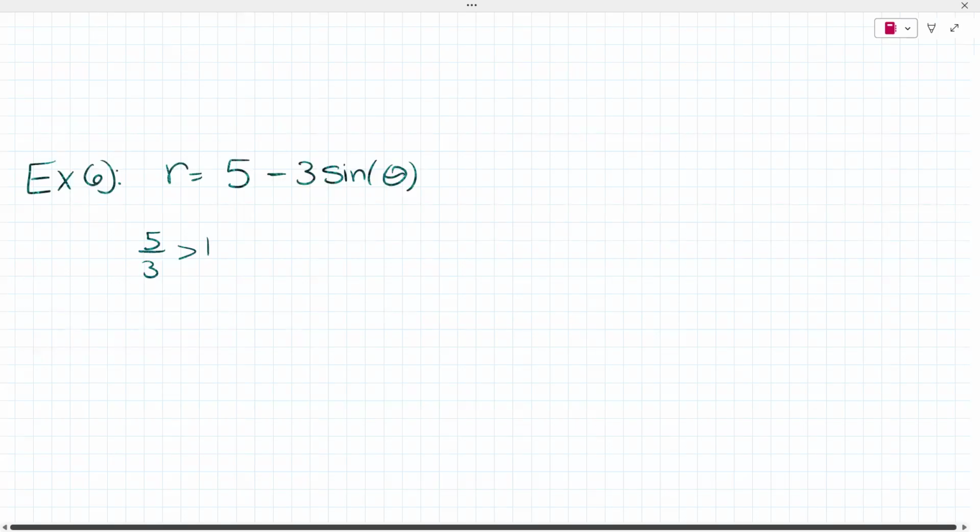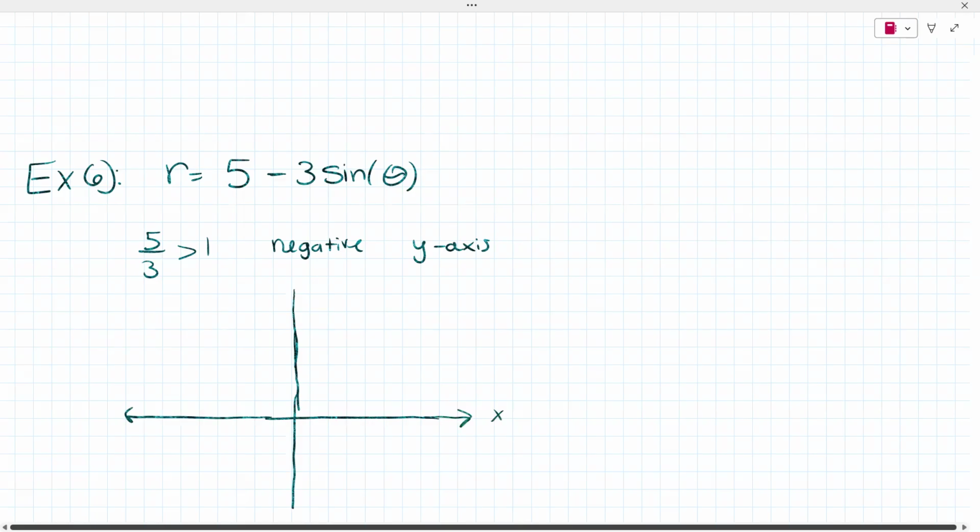So it's going to be negative on the y-axis, just like this. Just like that.